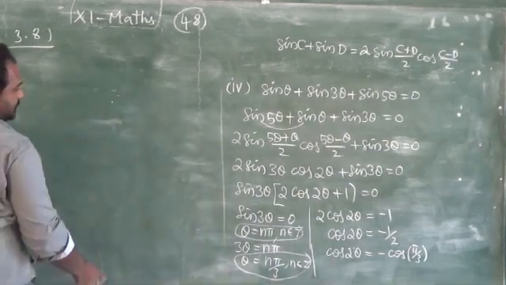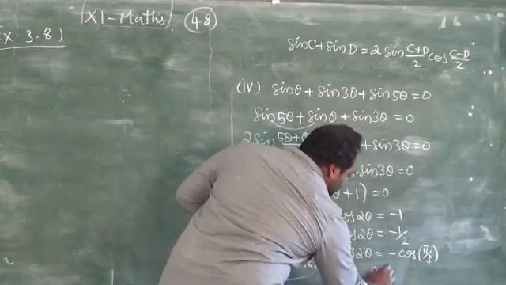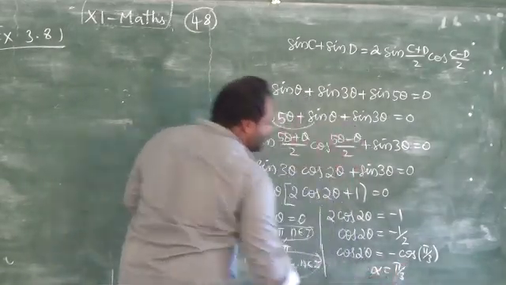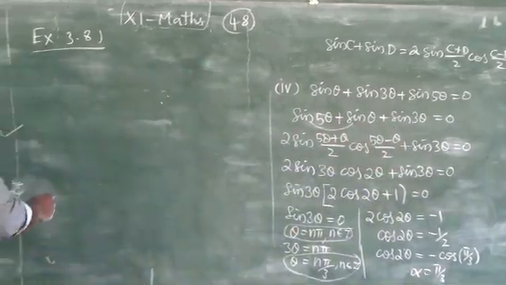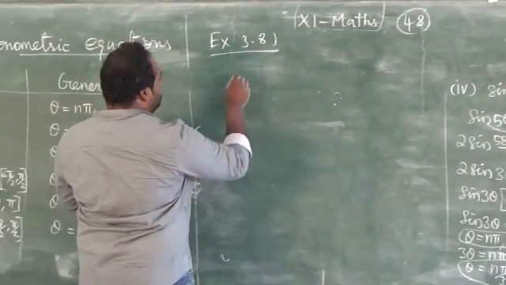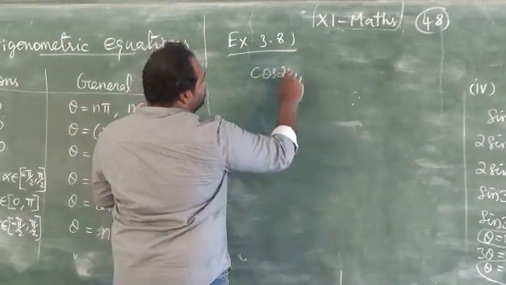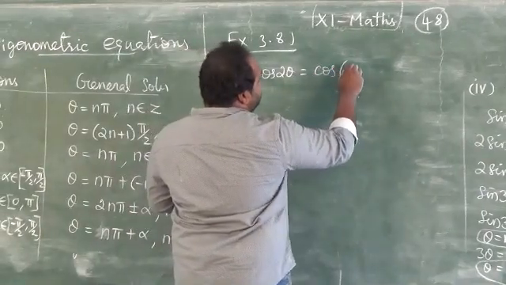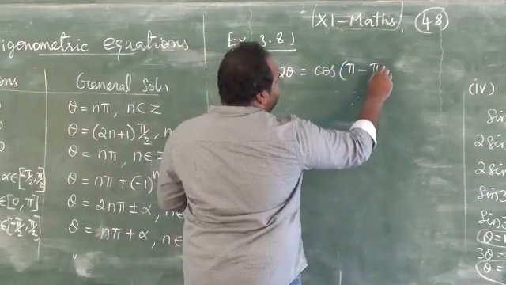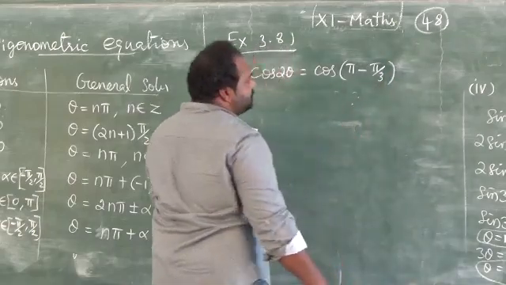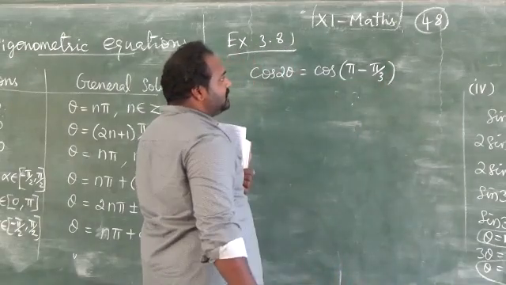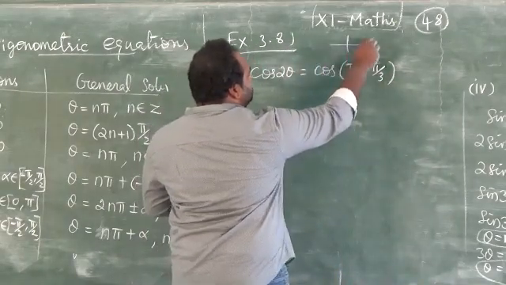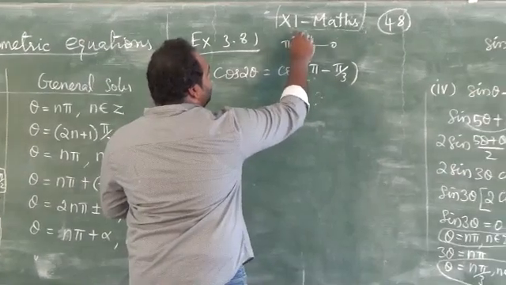So here alpha is pi by 3. So what we have to do? Cos 2 theta equal to cos of (pi minus pi by 3). If you take the second quadrant, pi minus alpha, because we have limit 0 to pi. So here it is negative.